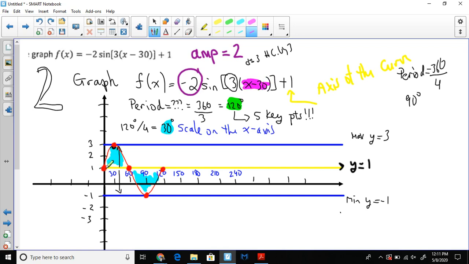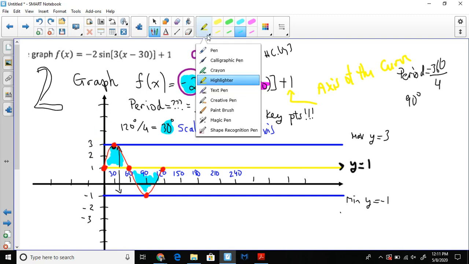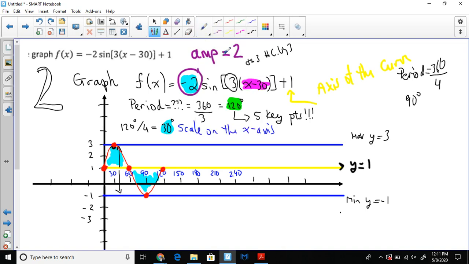I've got to shift it 30 degrees, and that is super nice because every tick mark on the x-axis is actually 30, so I'm just moving it 1 unit across. Now, the one thing that you maybe already figured out is that this is also negative. So actually, when I draw this graph, it should be reflected.